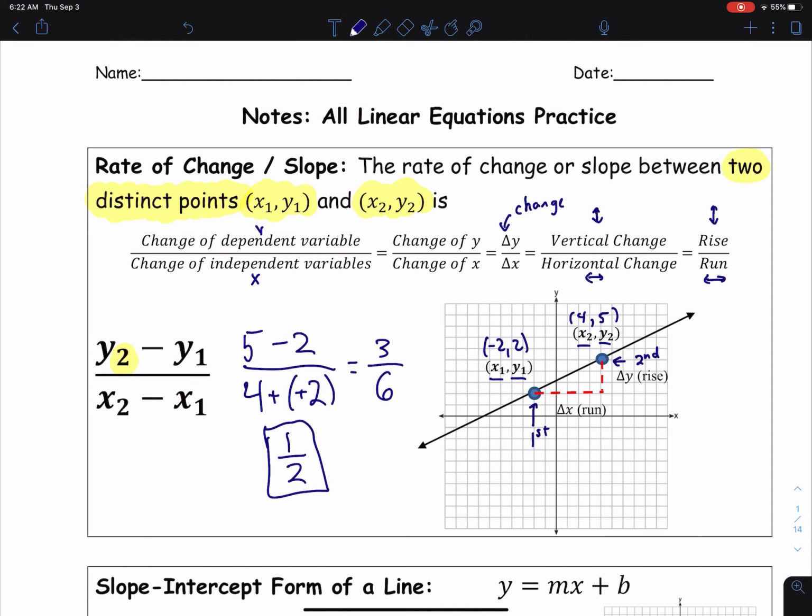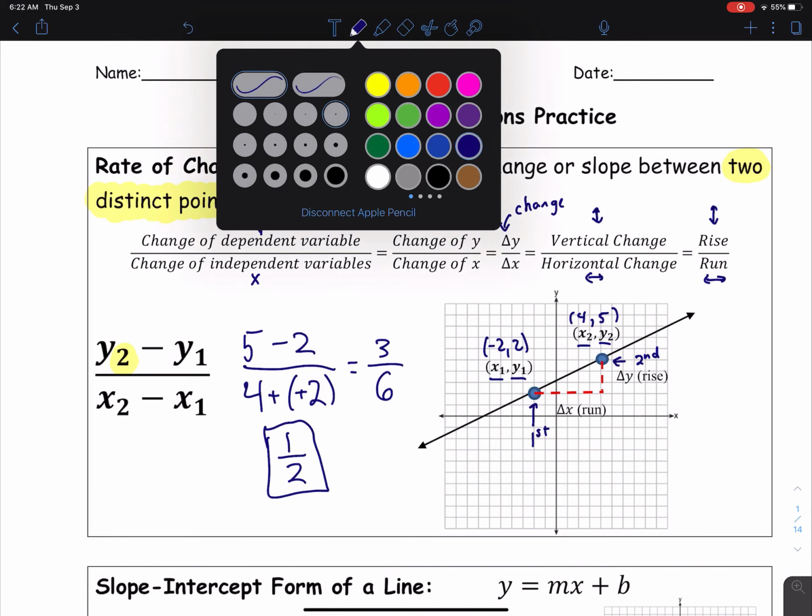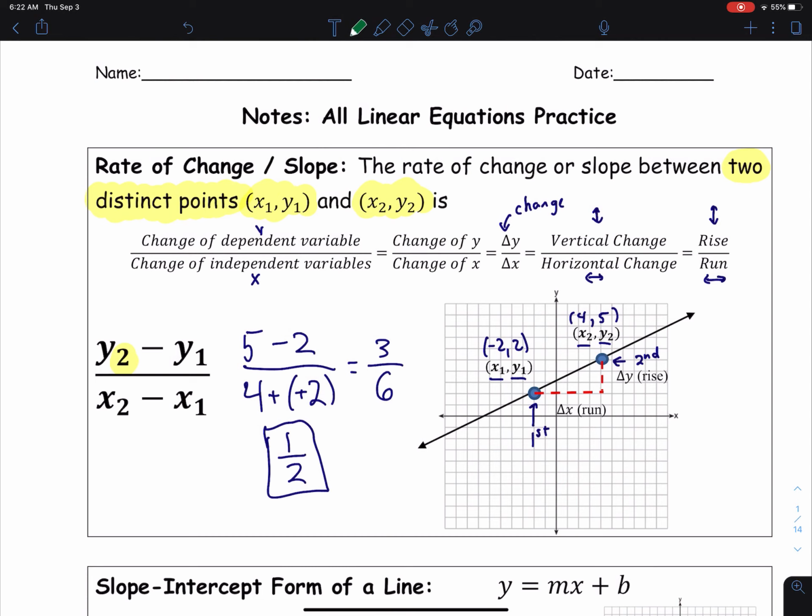And the first question I always get is, what if I made this point x2, y2, and said it was my second point? And what if I made this point x1, y1, and made it my first point? Why did you choose that to be the second point? Well, it doesn't matter. As long as x2, y2 corresponds to the same point, and x1, y1 corresponds to the same point, you're good.